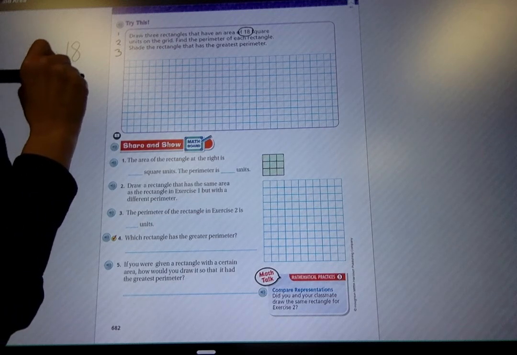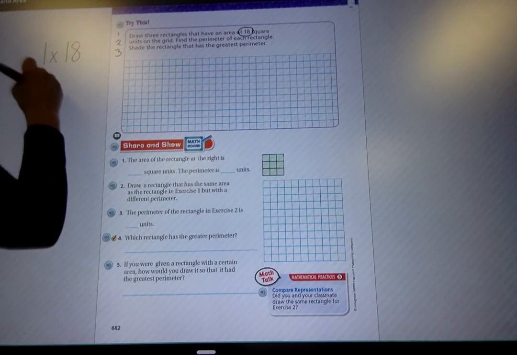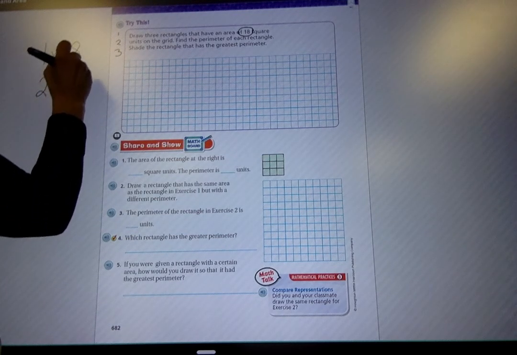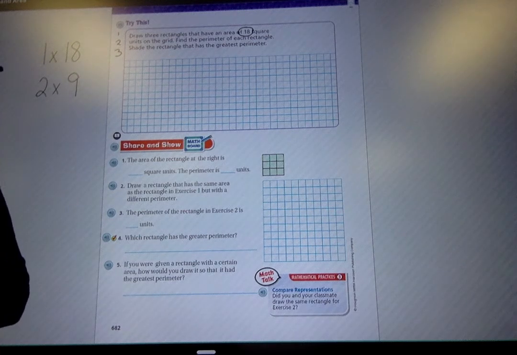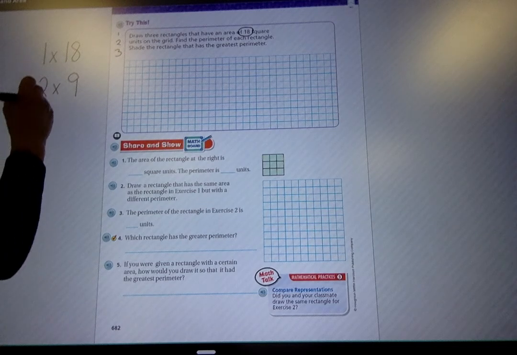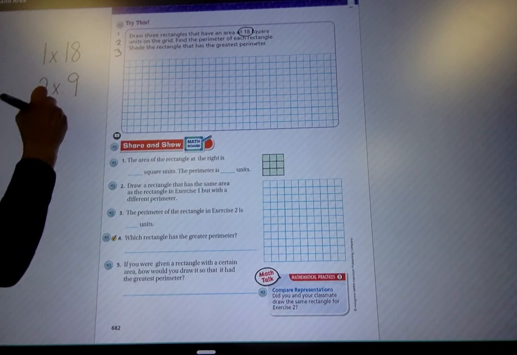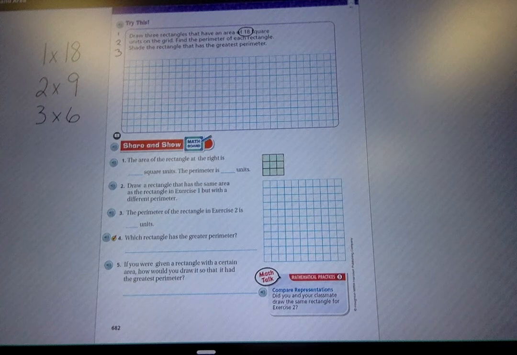How about 18 is an even number, so I know 2 times 9. Any others? Let's see, 3. Yes, 3 times 6, or 6 times 3. How about 4? No. 5? No. 6, we've got it. So these are our 3.